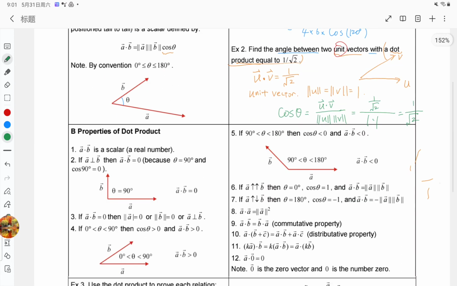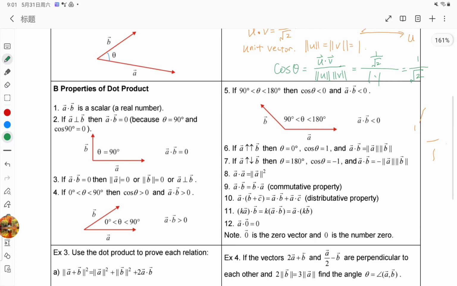All right, and then okay, so properties of the dot product. Of course this is a scalar, and if A is orthogonal to B, then A inner product B is equal to 0. This is exactly because A inner product B is the norm of A times the norm of B times cosine 90 degrees, right?